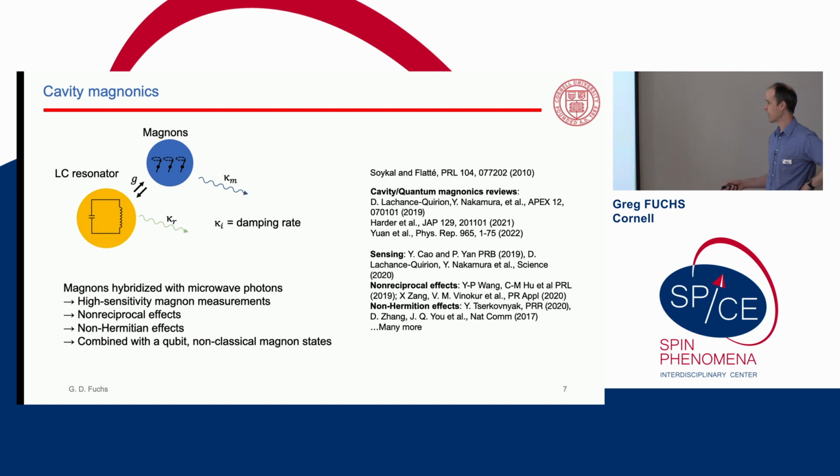Some nice work. And there are a lot of possible applications for these cavity magnonic systems, for instance, sensing of magnons, introducing non-reciprocal effects into, for instance, circuit QED. We already heard a great talk yesterday about how one can do that just by engineering phases.